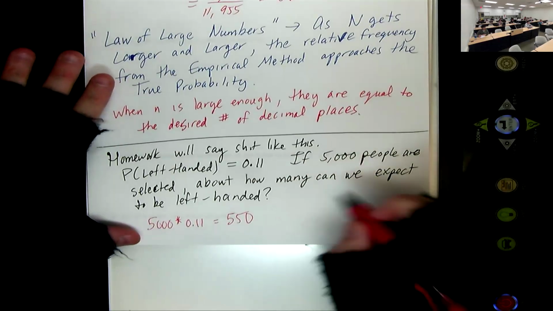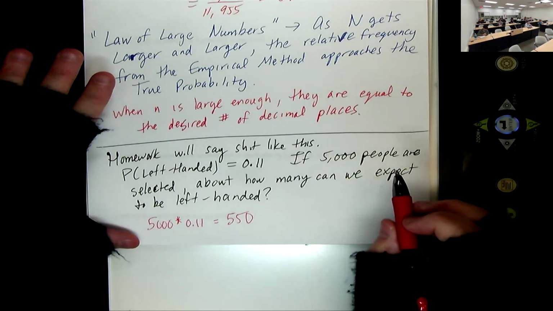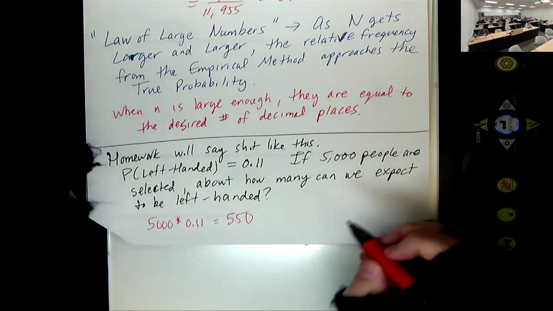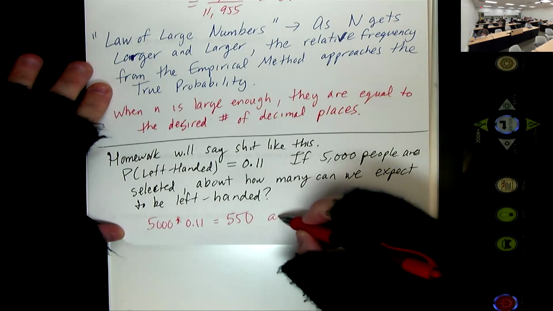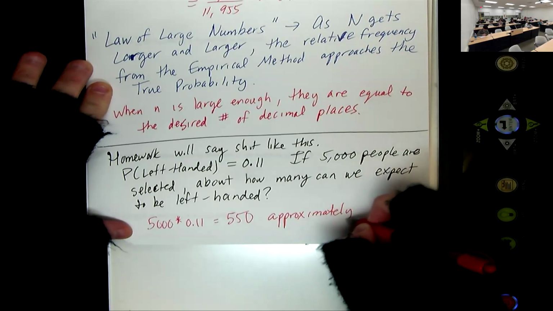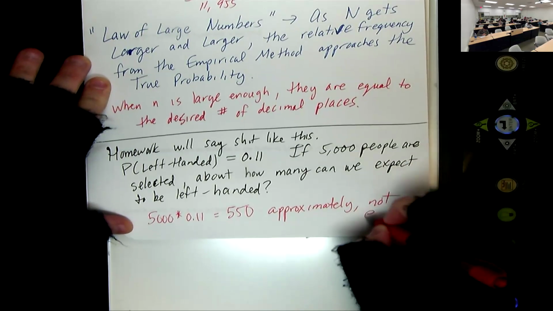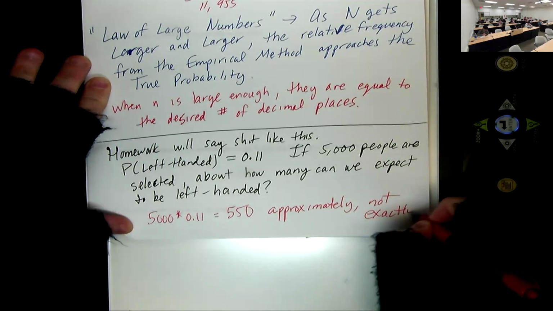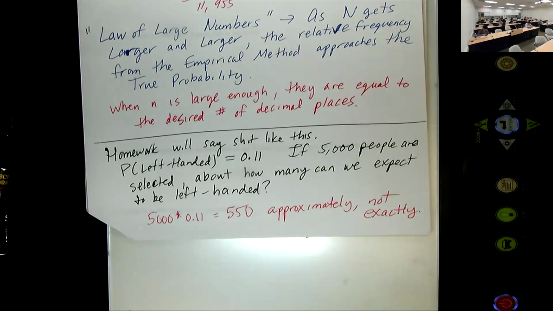They'll give you options that say exactly 550 or approximately 550. You want to go with approximately 550, not exactly. That's the calculation you need to do, and it's not exact. We'll be near 550. That's some stuff you might see in 5.1.